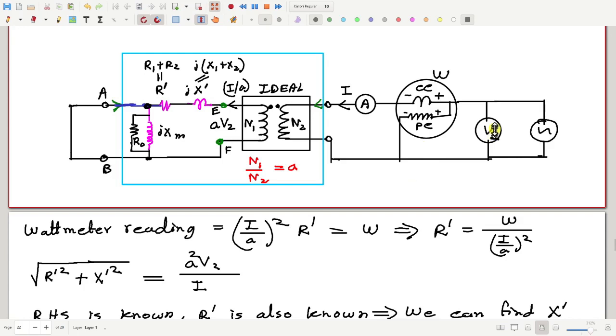Can we apply rated voltage? Okay, if this is the rated voltage, then how much will this current be?